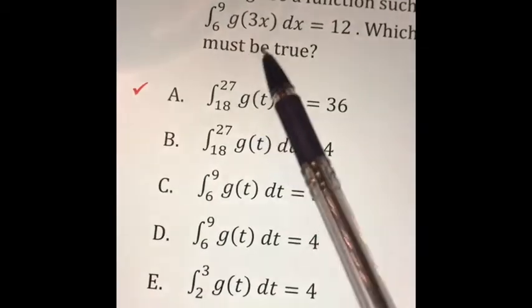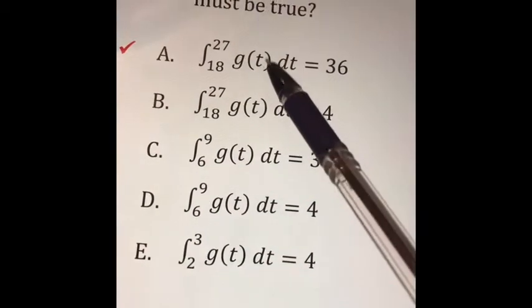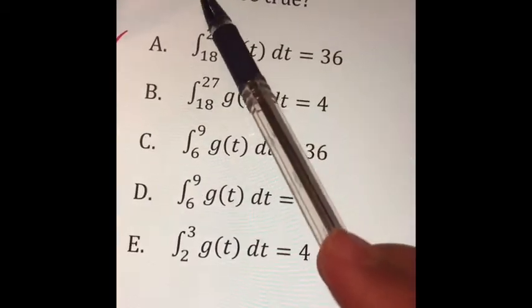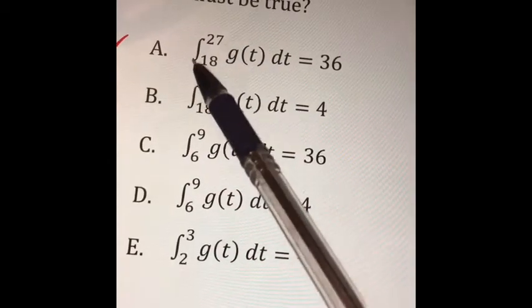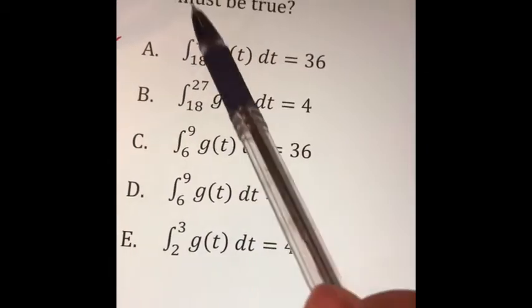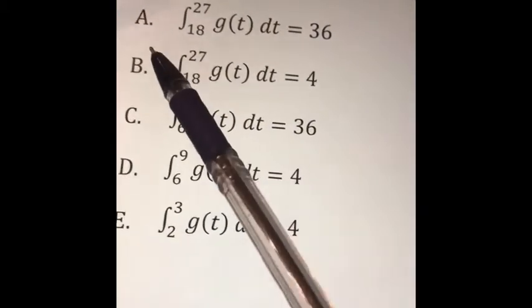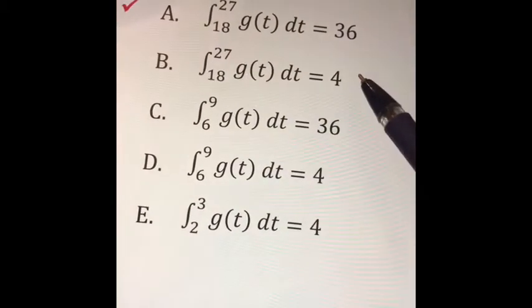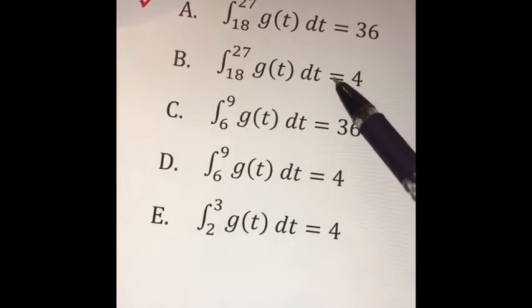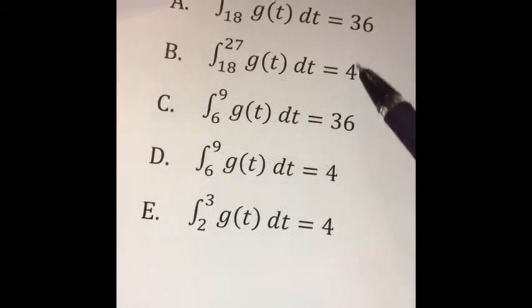They want us to find from these 4 choices which one is true. So what we will do is check each and every one of them. When it's here only x or t, when we substitute the 6 here, it will give us 18, and we substitute the 9 here, 27, while the limit is 18 to 27, that's correct. Same as this one, but not 36, so it's wrong.